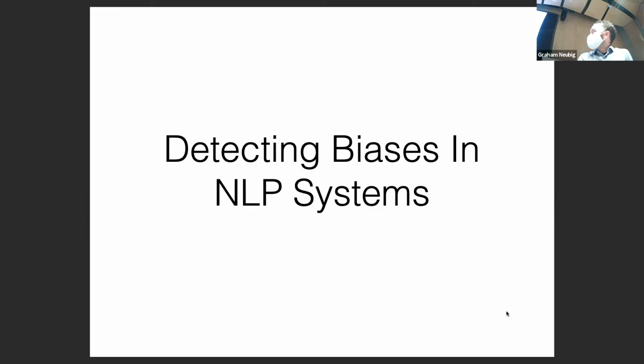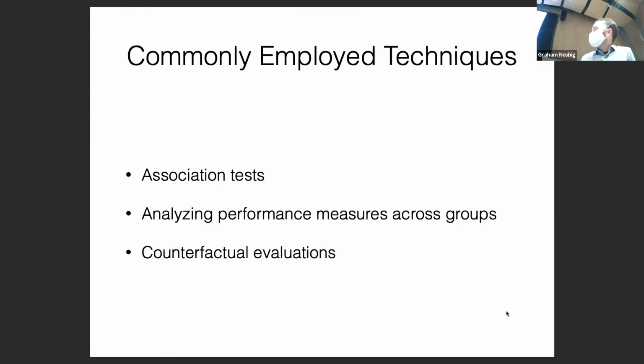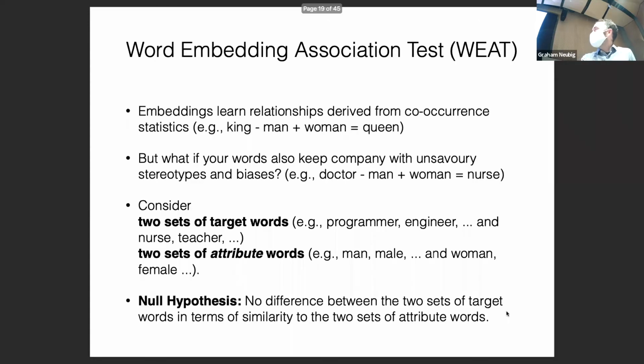So for detecting biases in NLP systems, there are a number of techniques to try to do this. For example, association tests, analyzing performance measures across groups, and counterfactual evaluations. There's something called the word embedding association test. Basically, word embeddings learn relationships derived from co-occurrence statistics.